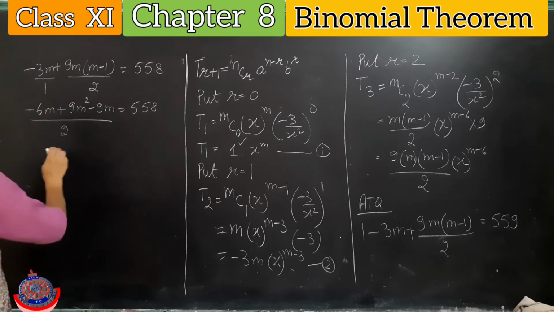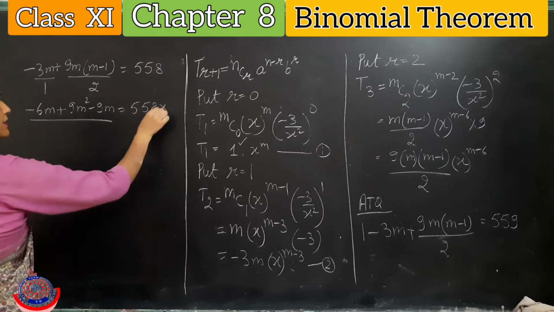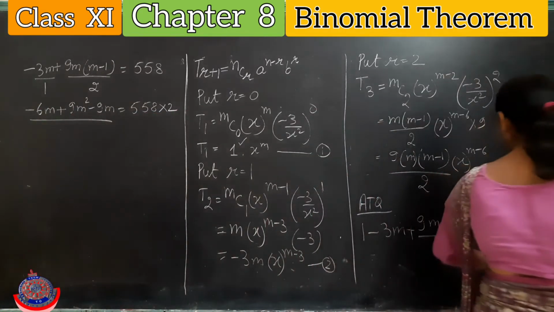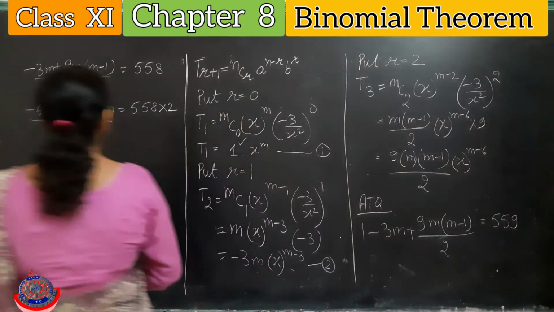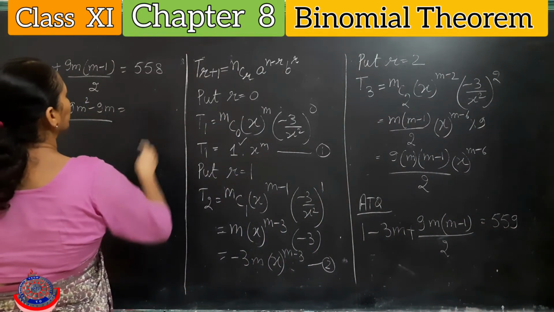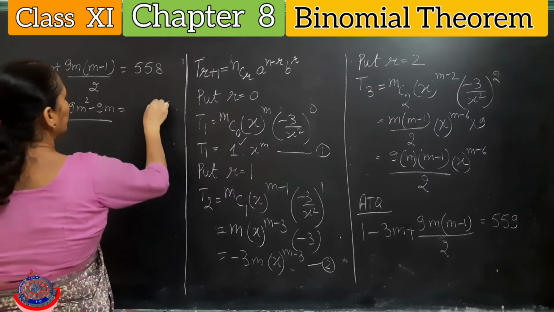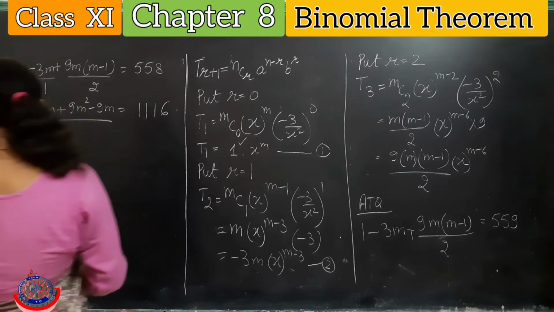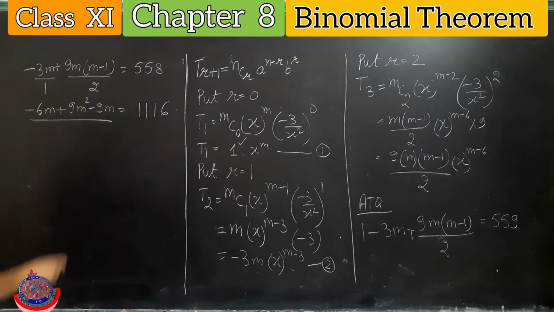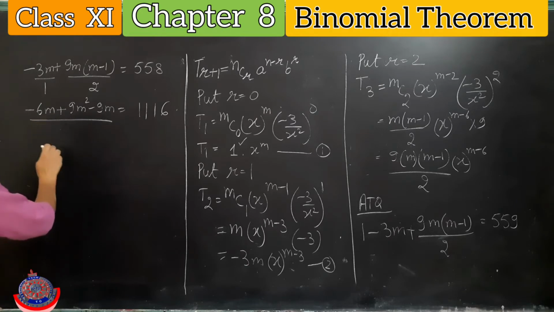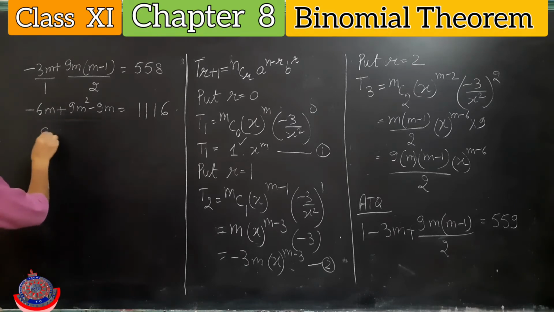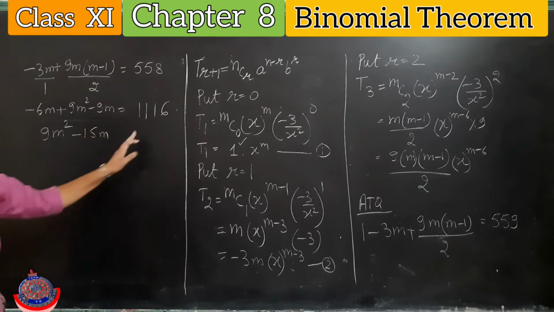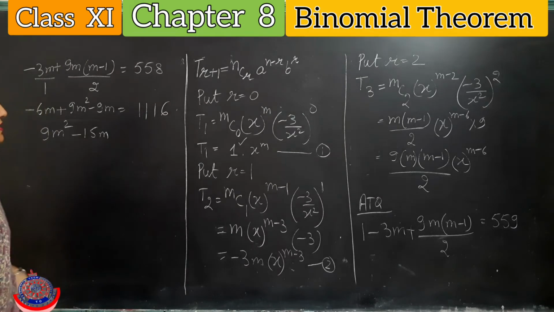Shifting this 2 to this side, we will have multiplication. 558 twos: 8 twos are 16, 5 twos are 10 and 1 is 11, 5 twos are 10 and 1 is 11. So we got 1116. Now combining like terms, 9 and 6 gives us 15. So we have 9m square minus 15m, and this 1116 will also be shifted to this side.